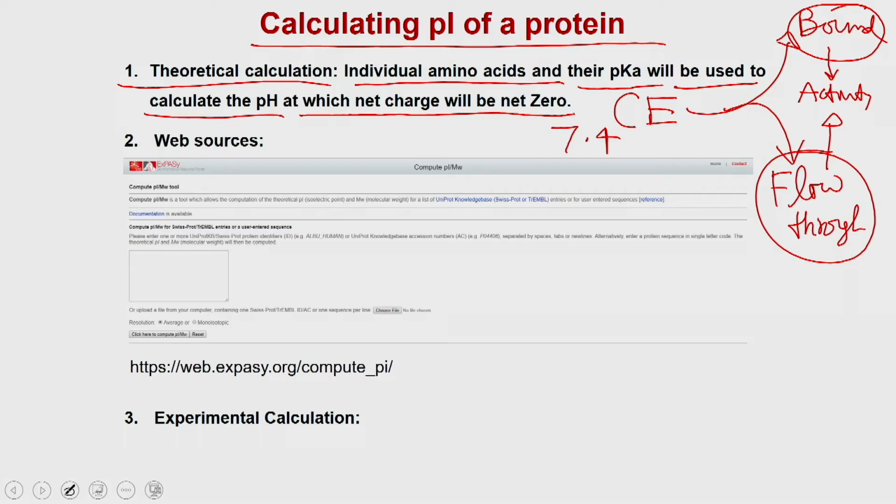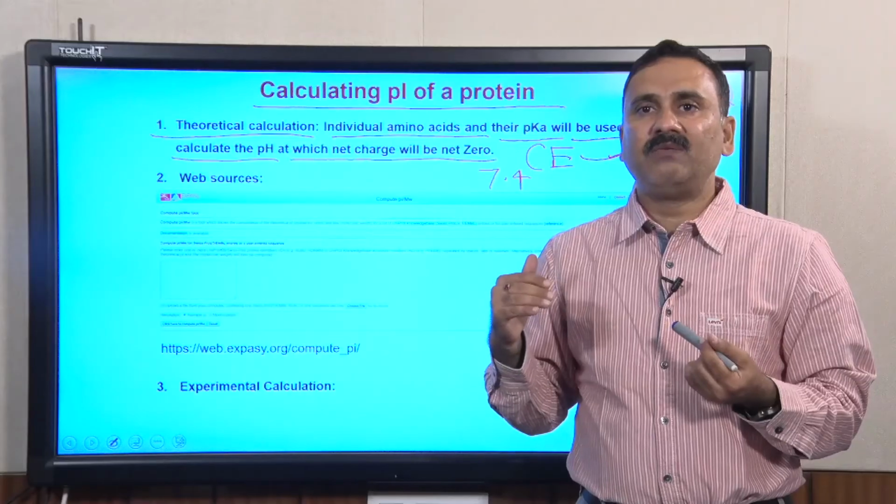So, the theoretical calculation is going to give you a rough idea of the pI values. It may not be very precise, but it is good enough to run the cation exchange chromatography or the anion exchange chromatography.